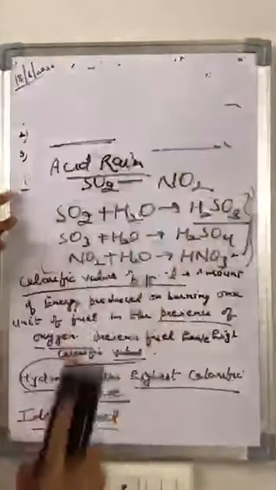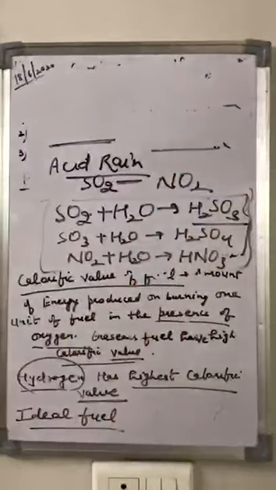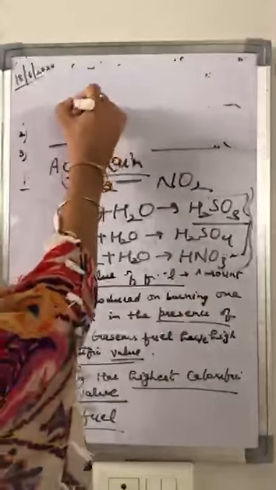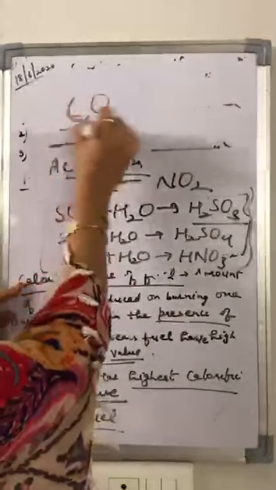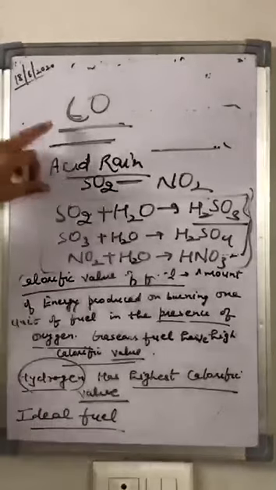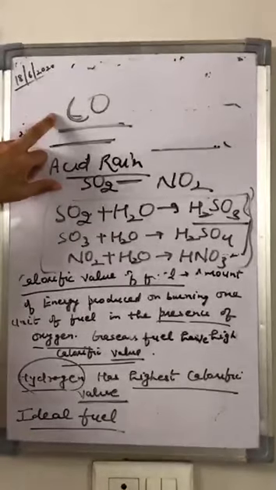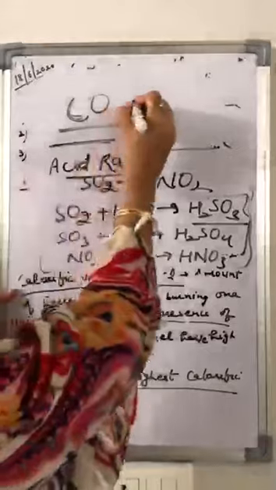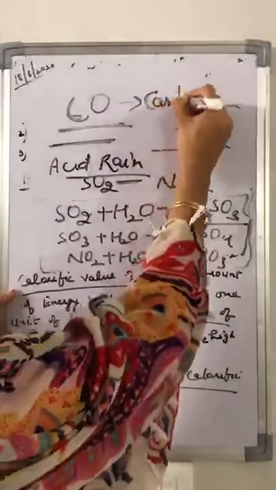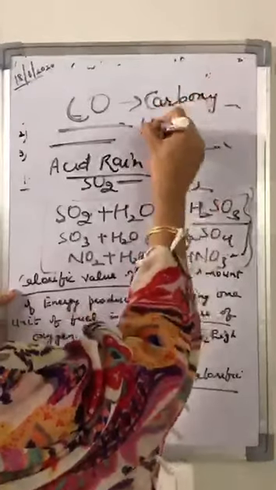You know that when the fuel burns completely, there is release of carbon dioxide, and when it burns incompletely, there is release of carbon monoxide, CO. Carbon monoxide is a harmful gas. When we inhale it, what happens? It mixes with the blood and forms the harmful compound carboxyhemoglobin.